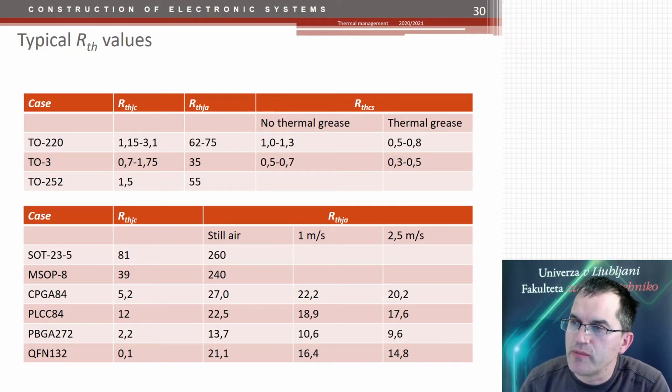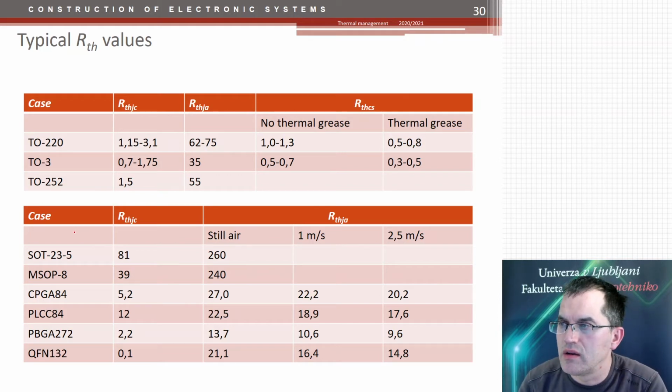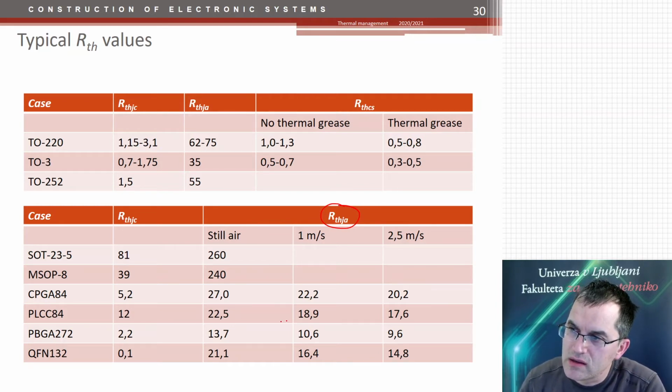For SMT components which are not intended for heatsink, you have to use the junction ambient value, which is this one here. And it all depends on the airflow speed. In still air or with some airflow, you can get quite different values.